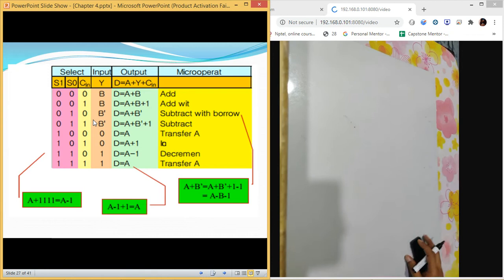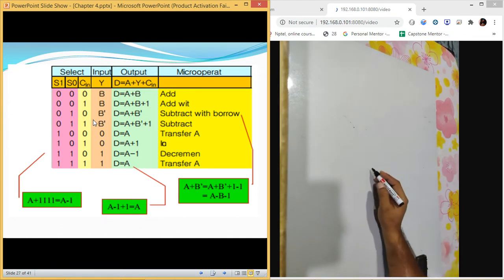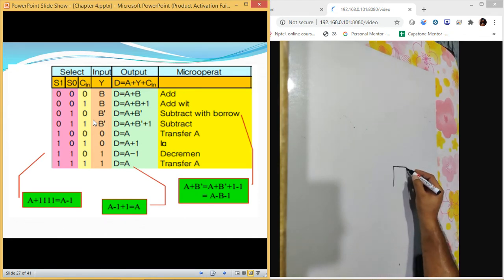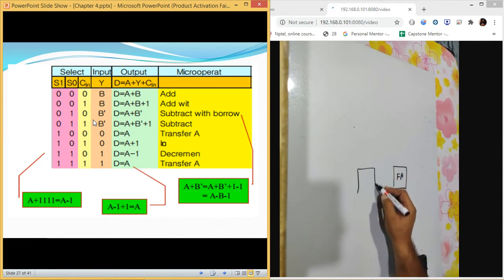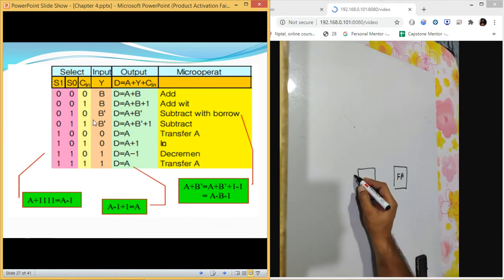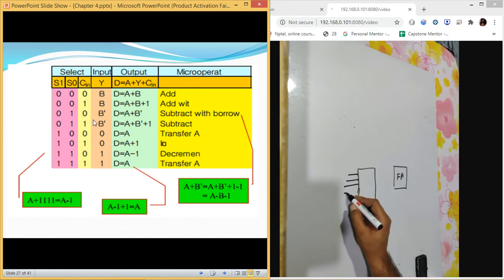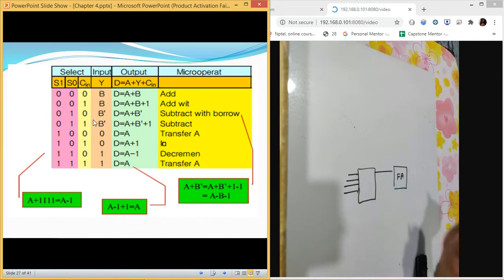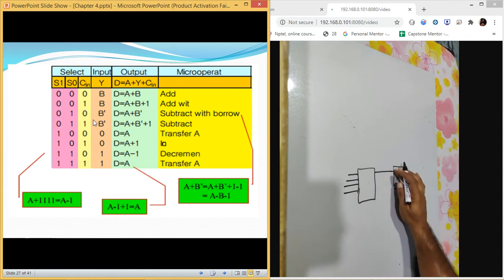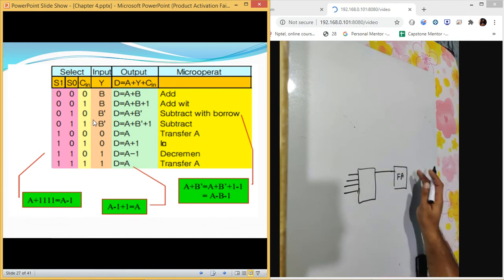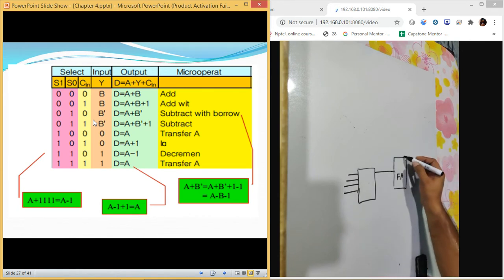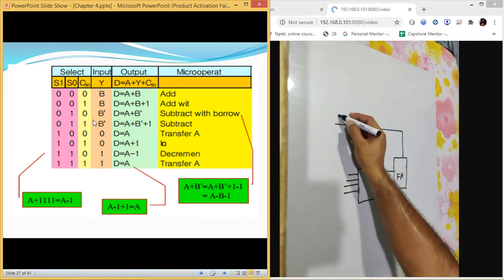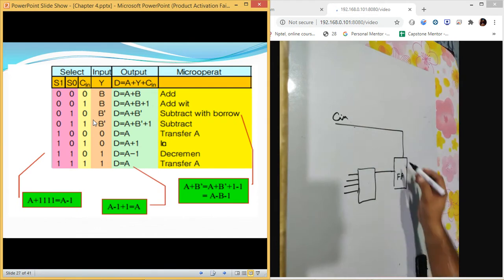So let me just recreate the circuit. So we are having one full adder. We are having a multiplexer here, and this multiplexer is going to have four input values, one output value. This full adder is having a value of Cn.